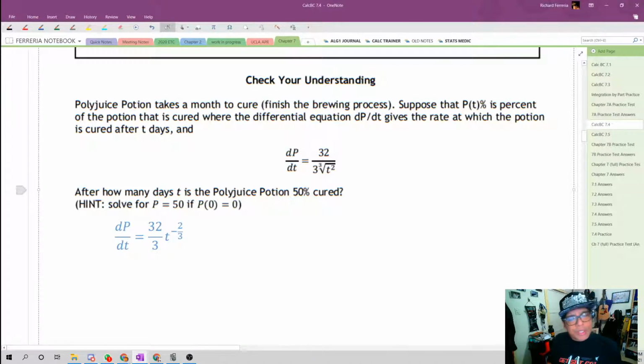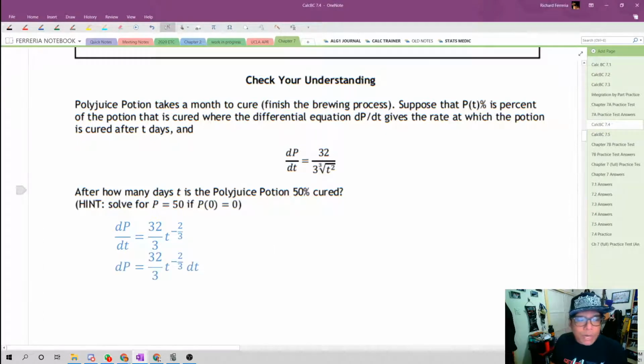First step here is to separate variables, and I'm going to immediately write this as 32/3 t to the negative 2/3 power, because this is how we're going to integrate this. Separating variables here is really just multiplying by dt. This isn't that advanced of a differential equation in that we don't have any P variables on the right side of the differential equation.